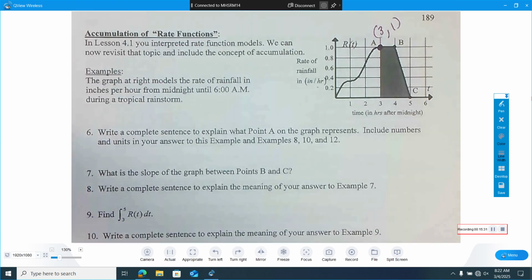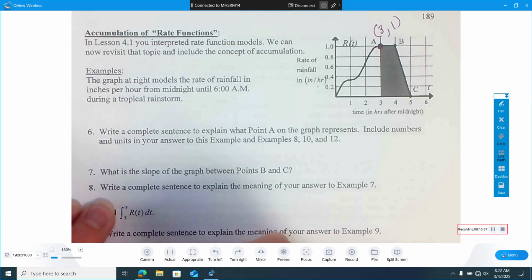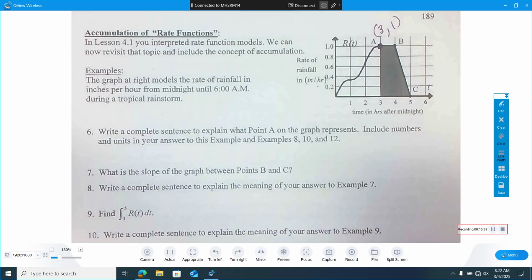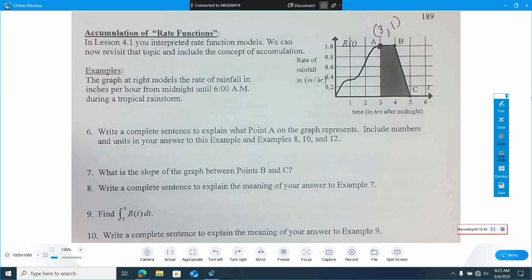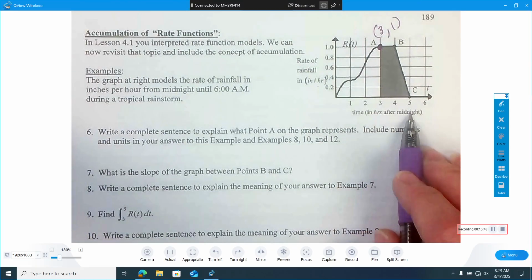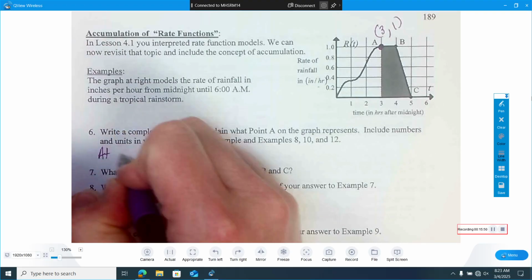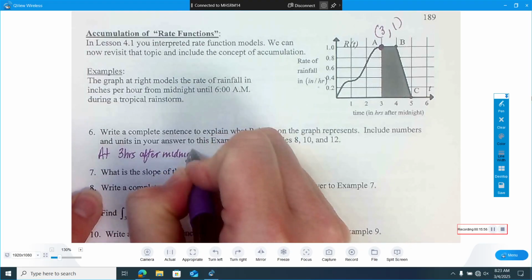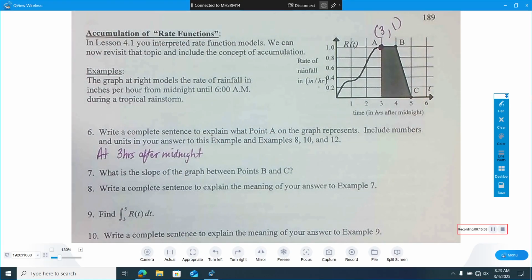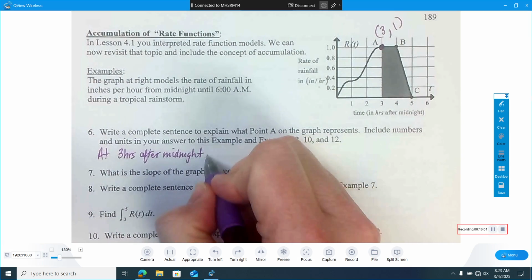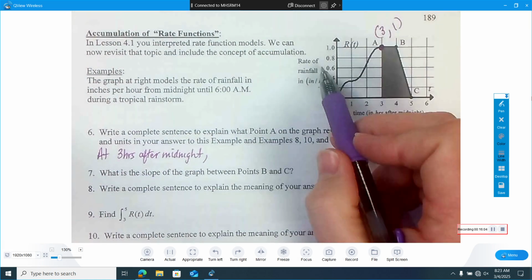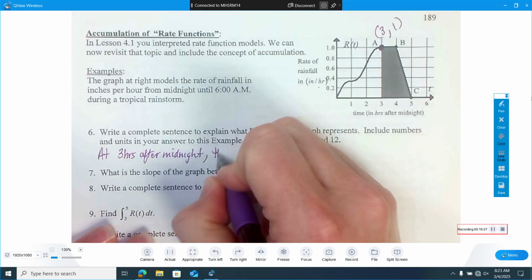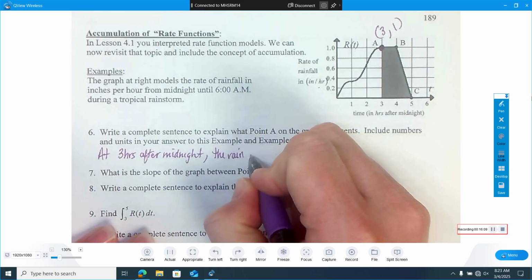So what does that mean in terms of this graph? At 3 hours after midnight, and of course at 3 hours after midnight, that's also known as 3 a.m. So either one of those would be appropriate statements. At 3 hours after midnight, the rain, what did you say, Luke?